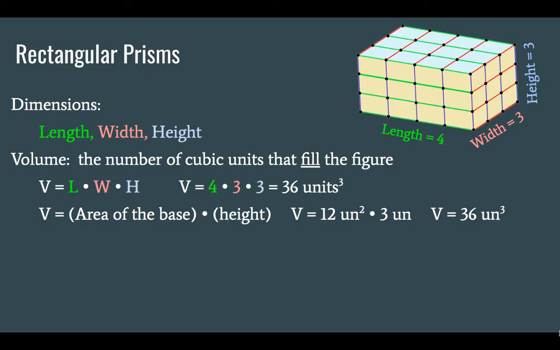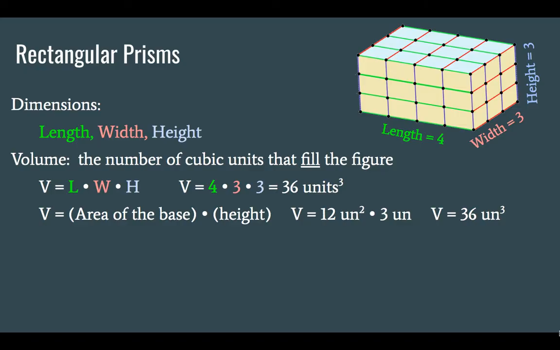When you look at the base of this prism, the face that it's sitting on, the length and the width are 4 and 3. So the area of the base would be 12 square units times the height of 3 units, giving us a volume of 36 cubic units. So I am going to be finding the volume of prisms by measuring the area of the base, determining that, and multiplying it by the height.